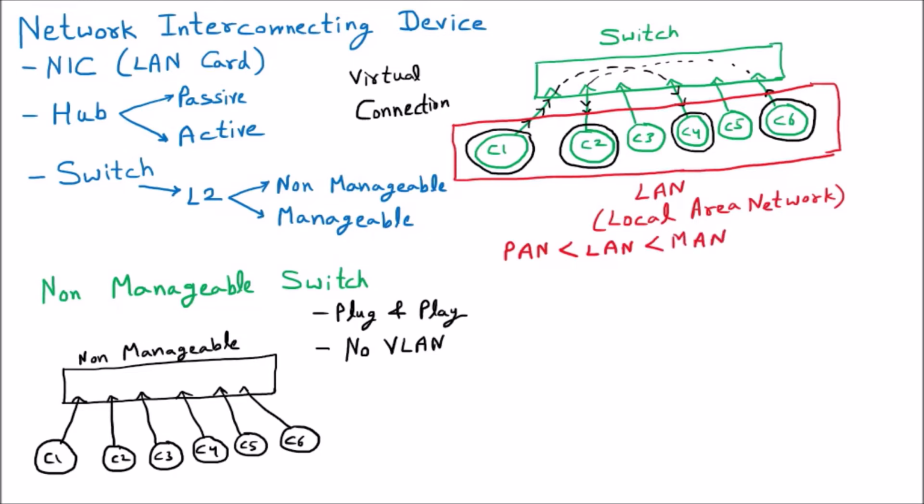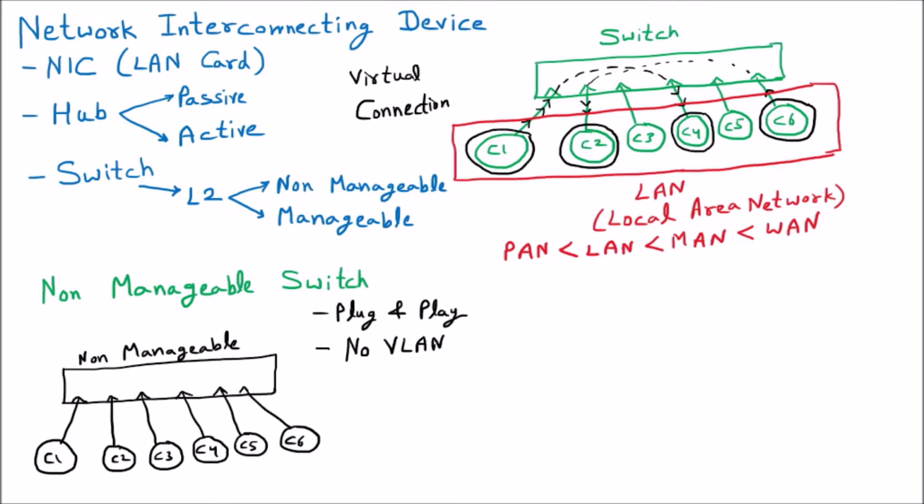When multiple buildings are connected, say half a city or one whole city like Delhi, that is a MAN. And country to country communication is the wide area network. But the devices we are studying are the same for LAN and MAN. If somebody asks you about the switch and hub, these are both LAN as well as MAN devices.